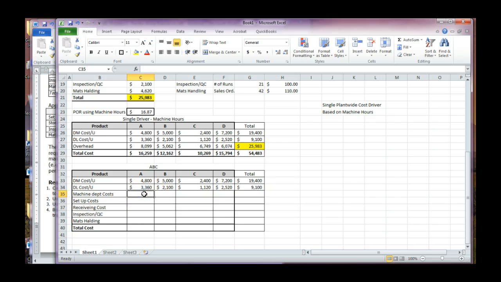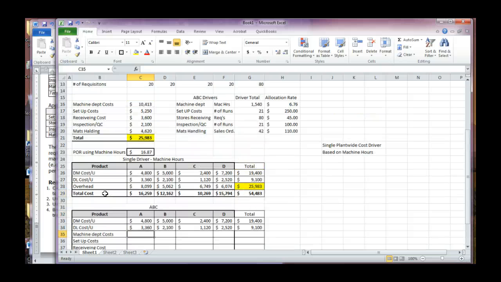All right. So then we're going to talk about machine department costs. Well, this 25,000 is divided into all these different buckets. Here's the machine bucket of 10,413, which is going to be based on machine hours.